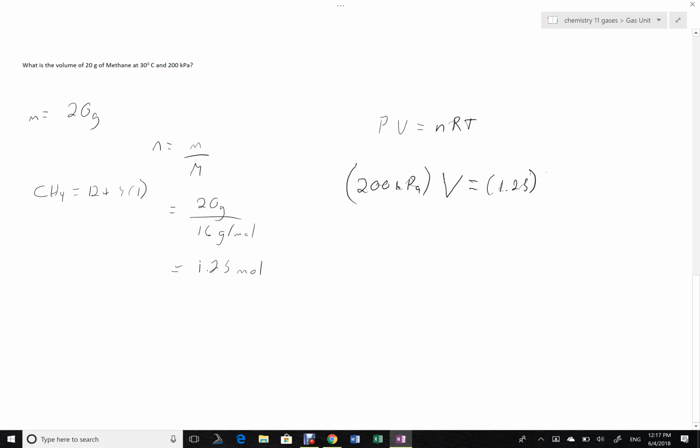My R I have at 8.31, that's the constant. But my temperature is given in Celsius. Remember that this temperature needs to be in Kelvin. So I'm going to add 273 to that. So we get 303 Kelvin. So I'll put that in.